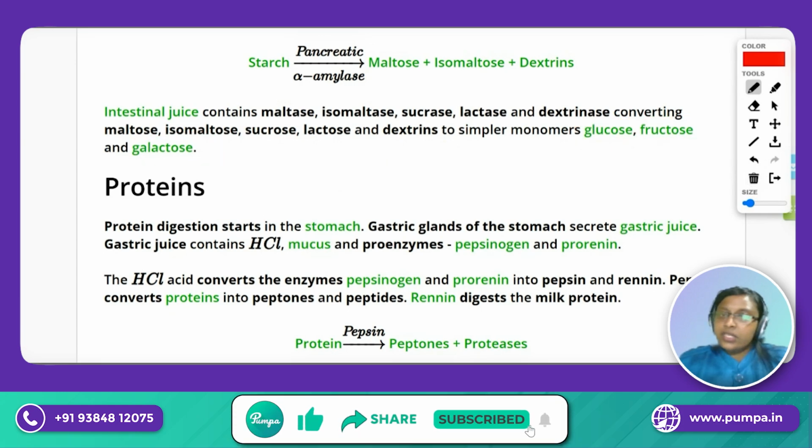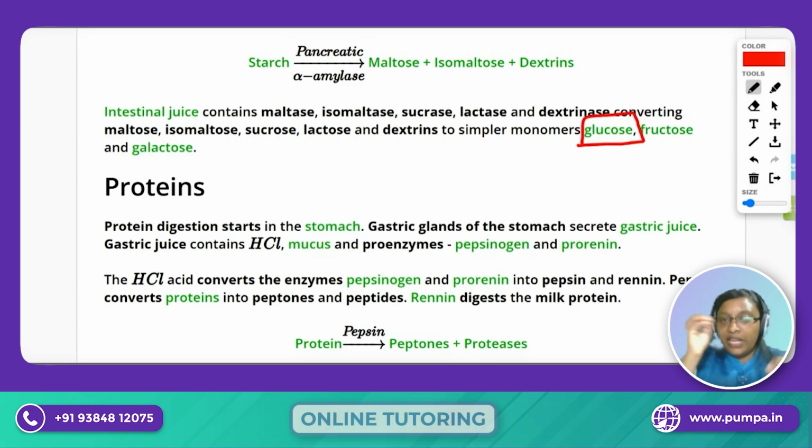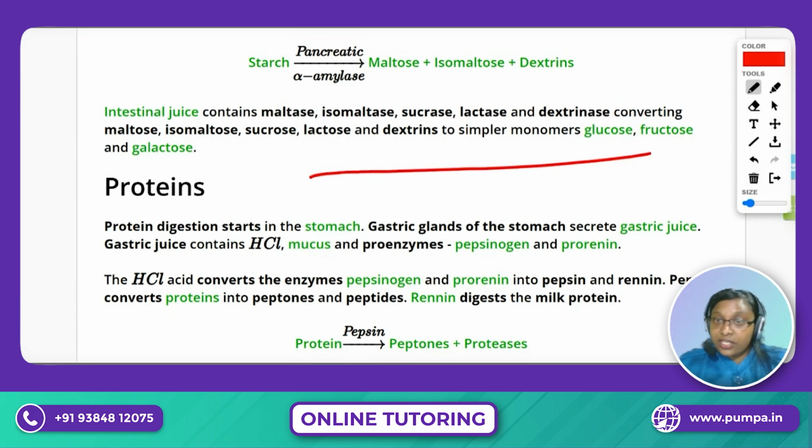But mostly we will be using the term glucose. Children, the simpler form of the carbohydrate will be glucose. We have learned about a thread-like structure and a bead-like structure, right, everyone? The bead-like structures are nothing but the glucose. They are the simpler form of a carbohydrate.